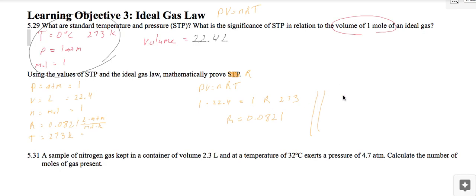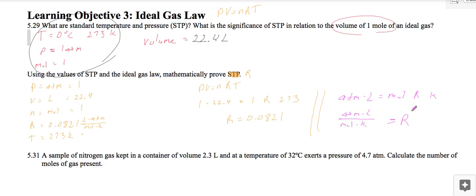The units here are atmospheres and liters. That equals moles. R is the value we're trying to solve for, and then Kelvin. If we get R by itself, we're left with atmospheres and liters on the top, and mole and Kelvin on the bottom.